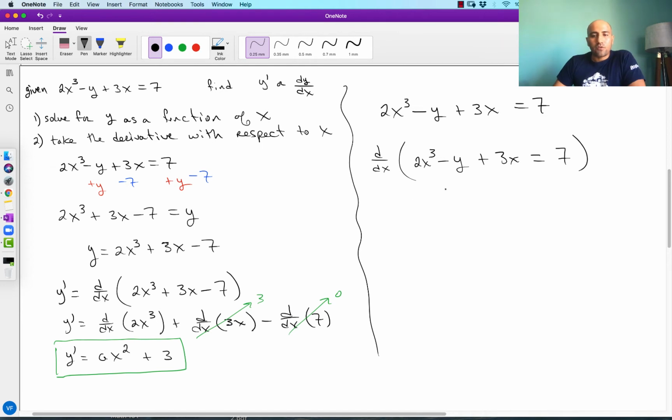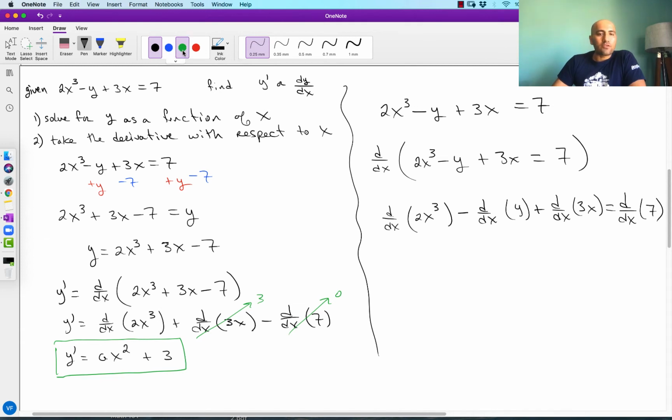Now let's separate these terms. This is going to be d/dx of 2x cubed minus d/dx of the y plus d/dx of the 3x equals the derivative with respect to x of the 7.